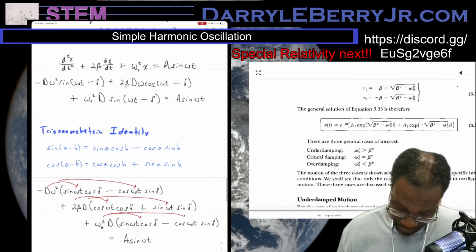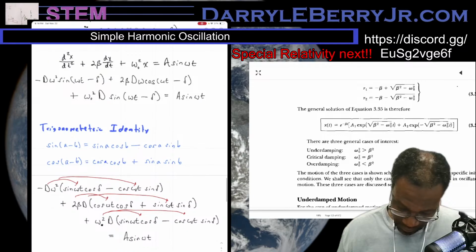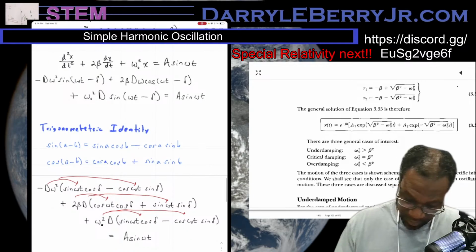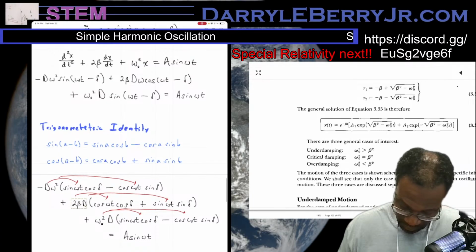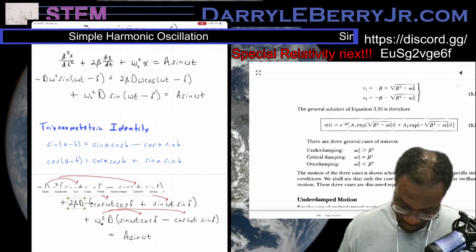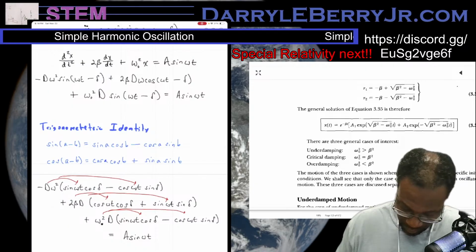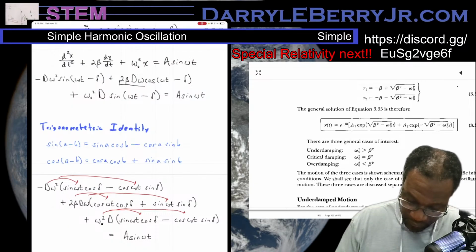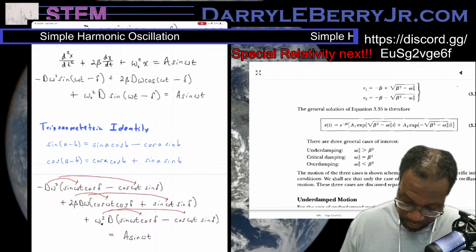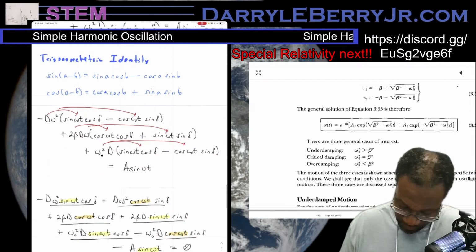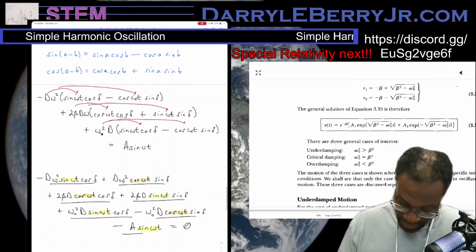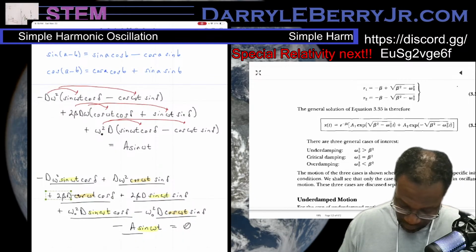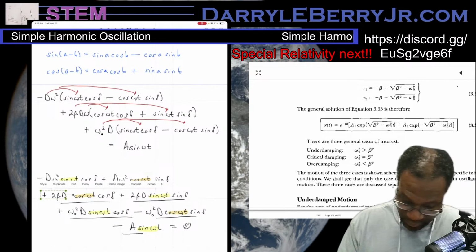I think when I was distributing, I dropped a term. Yeah, I did, right here. And right here is a 2 beta d omega. I dropped an omega there. But that means that the second line here, I mentioned omegas.